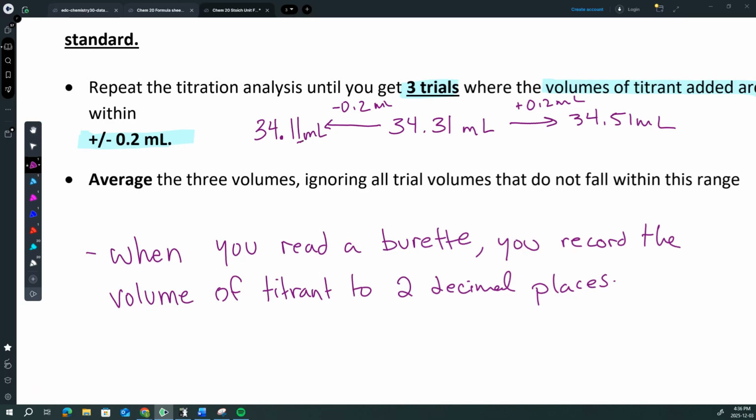So the very last digit, what I mean by is these ones here.